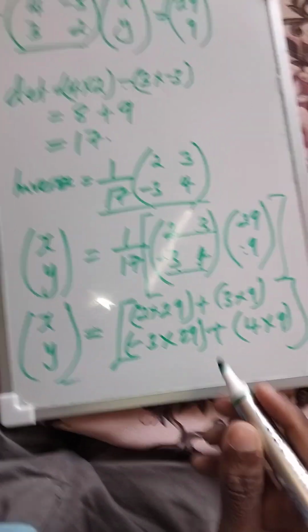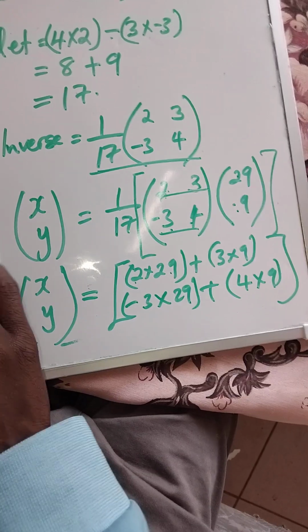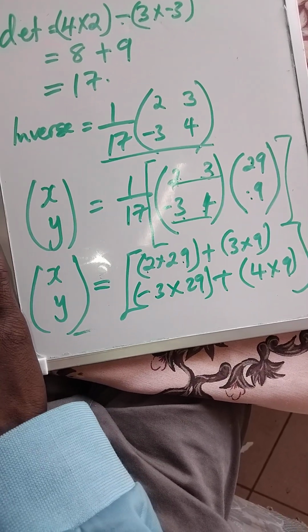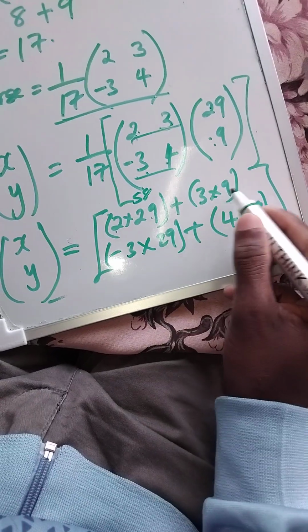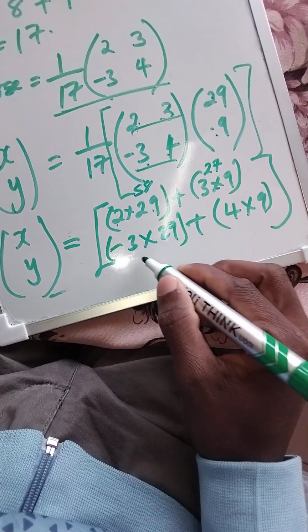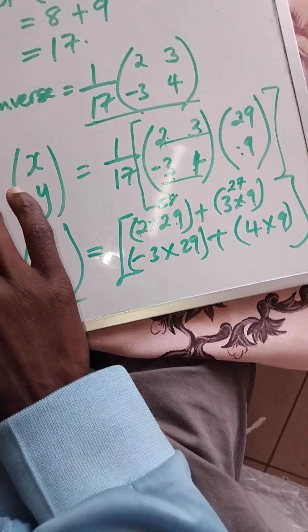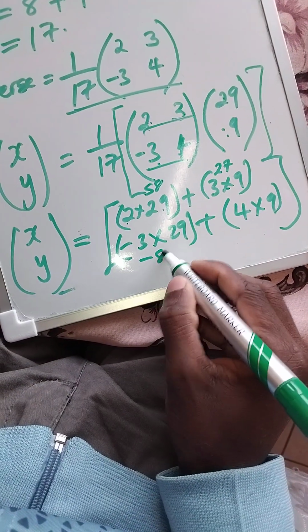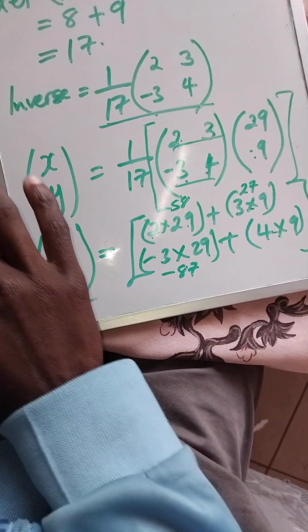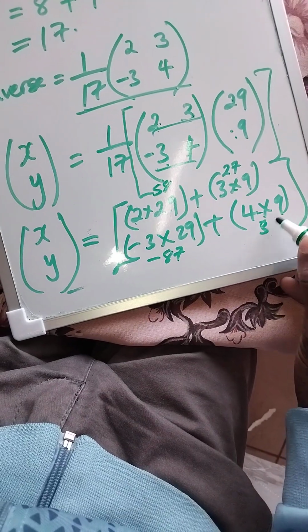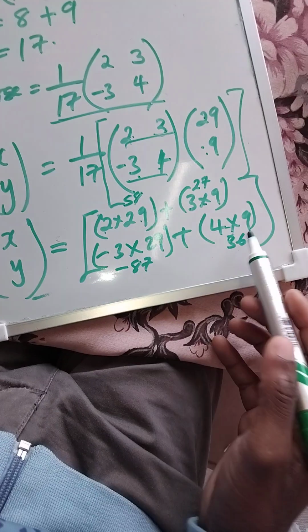Now 2 times 29 is 58, 3 times 9 is 27, negative 3 times 29 is negative 87, and 4 times 9 is 36. So just plus this one to plus this one.